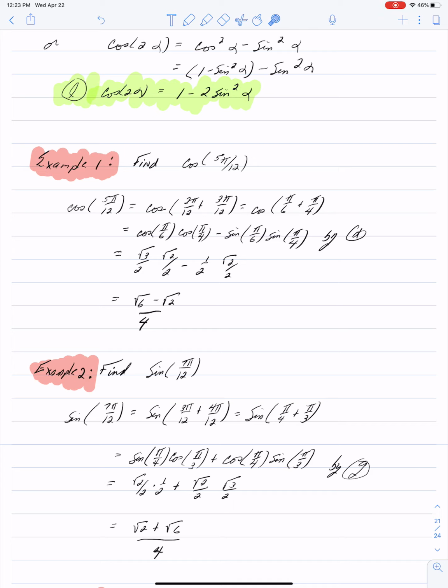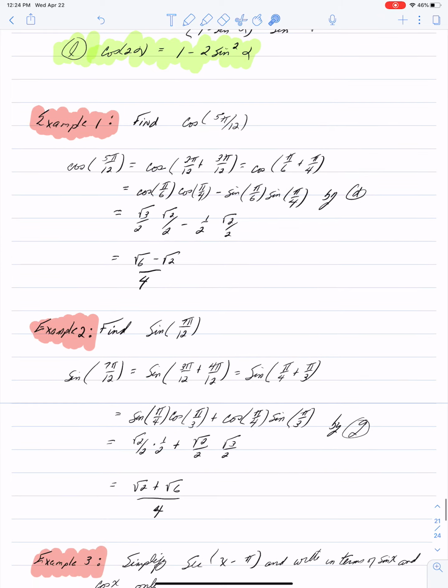Hey, that's a common angle. 3 pi over 12 is pi over 4. Hey, that's another common angle. The point being, cosine of 5 pi over 12 is the same as the cosine of pi over 6 add pi over 4. Well, now I can use the what?